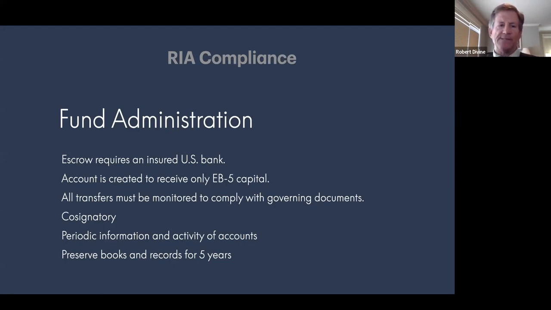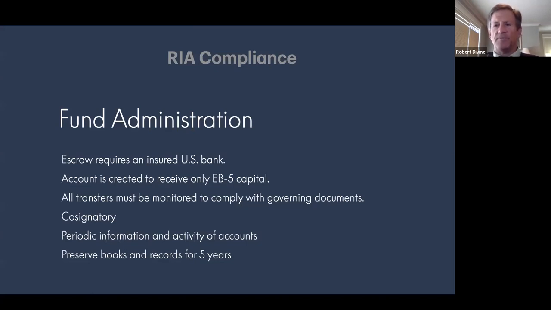Your slide says that an escrow requires an insured U.S. bank. It's actually not accurate. It's more general than that. The separate account of the NCE must be with an insured U.S. bank. The separate account can also be, for a time, an escrow.